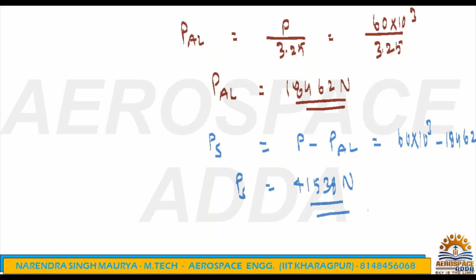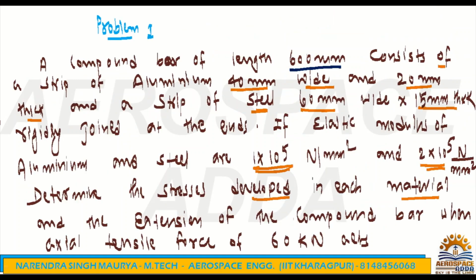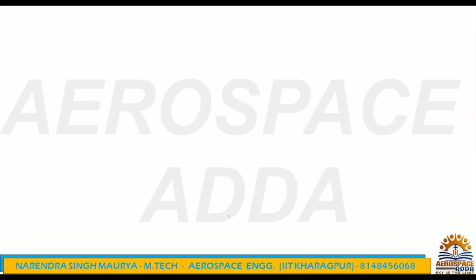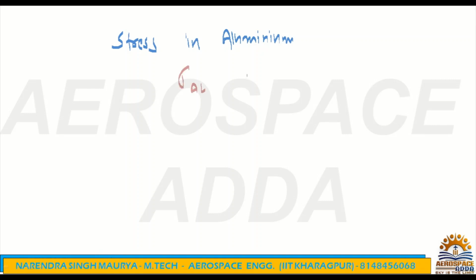Now once the load shared by the aluminum and steel is clear, then obviously you can calculate stress, because they are asking for stress in each strip, right? They are asking to determine the stresses developed in each material and the extension also. So first we will calculate stress. Now what is the stress in aluminum and what is the stress in steel? We can separately write stress in aluminum, that is sigma AL, load shared by aluminum divided by area of aluminum.